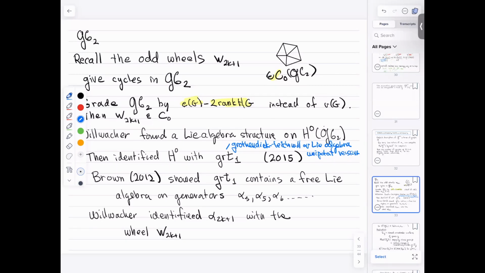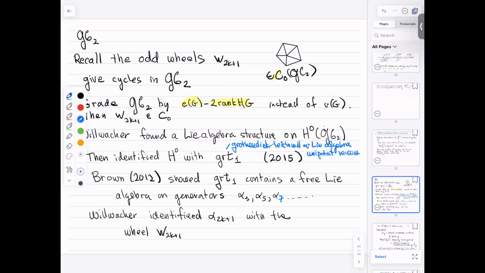So, and then, but it turns out that Francis Brown in 2012 had showed that this Lie algebra, which has deep connections to number theory and motivic homology, actually contains a free Lie algebra in generators in dimensions 3, 5, 7, etc. Odd, yeah. In odd dimensions starting at 3.